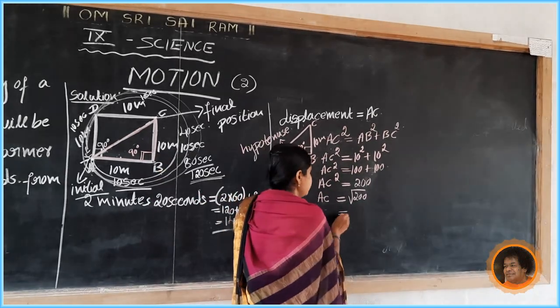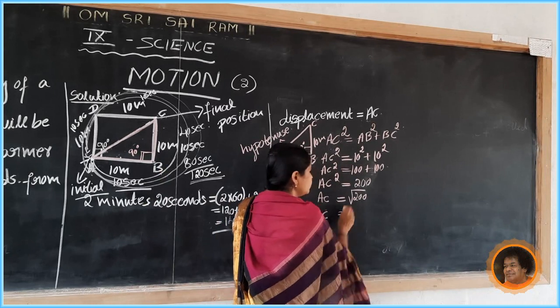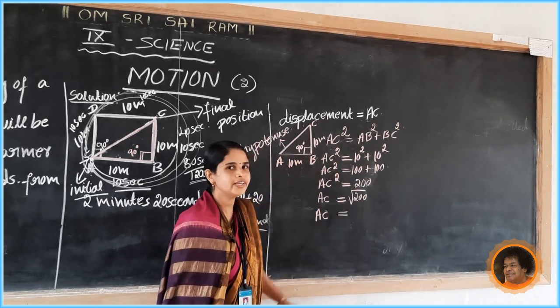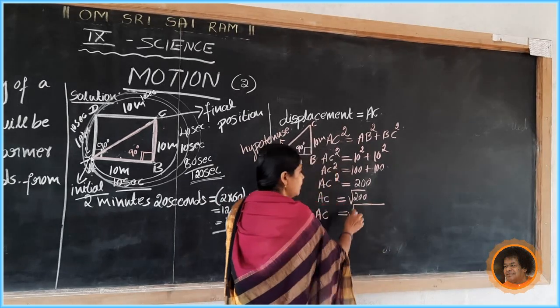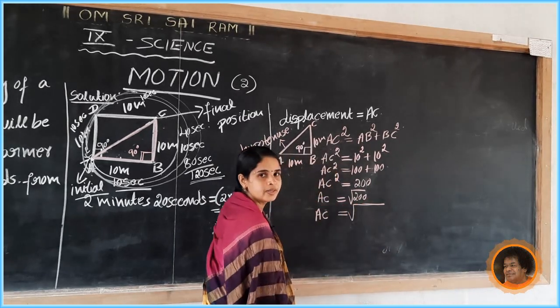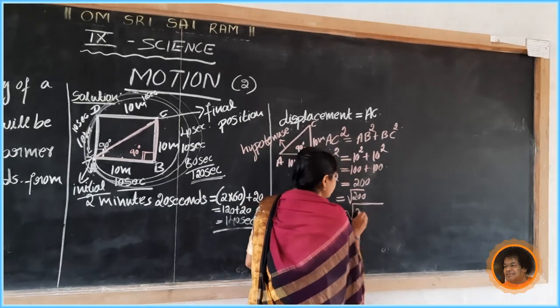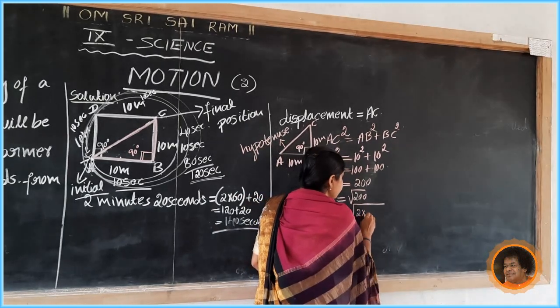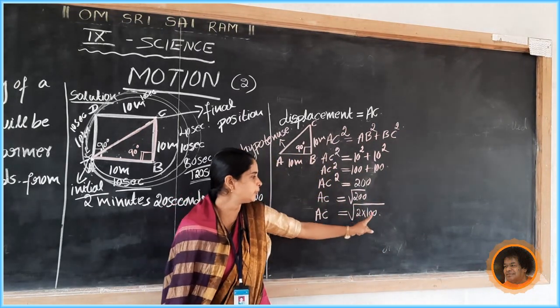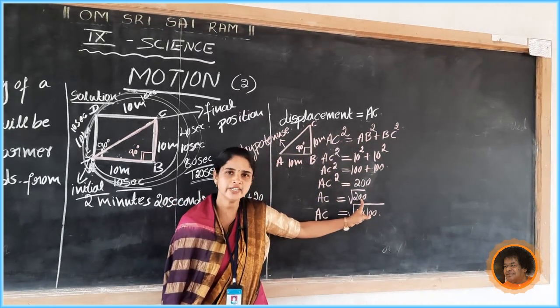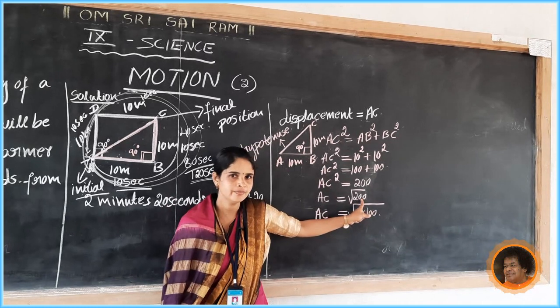In the next step, AC equals square root of 200. Its value, write like this: square root of 200 is written as 2 into 100. Is it correct? 2 into 100 equals 200, value same.